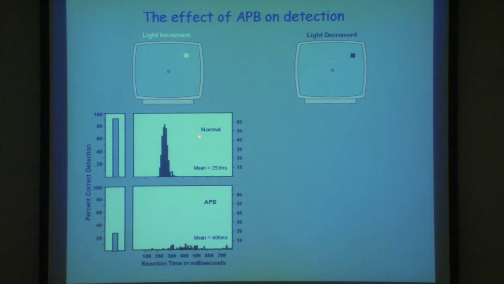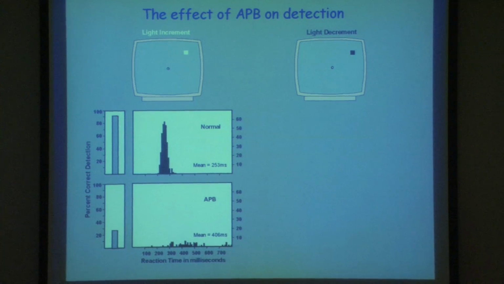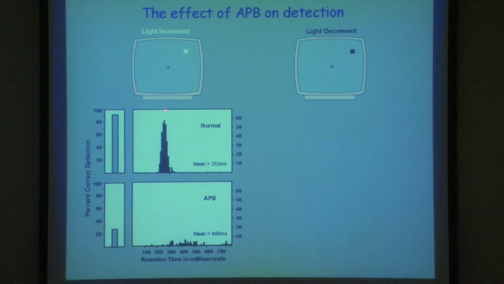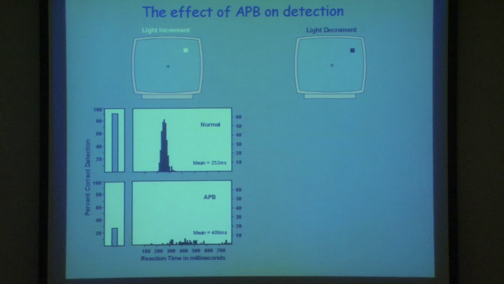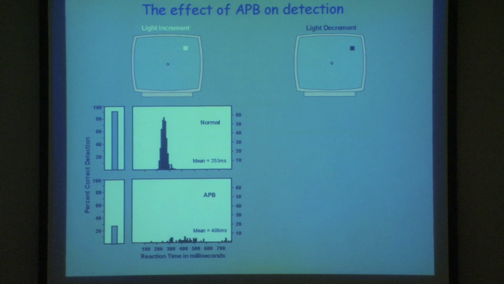It shows here that under normal conditions, the monkey's performance is over 90%, and he has a very nice distribution of saccadic latencies with a mean of about 253 milliseconds.